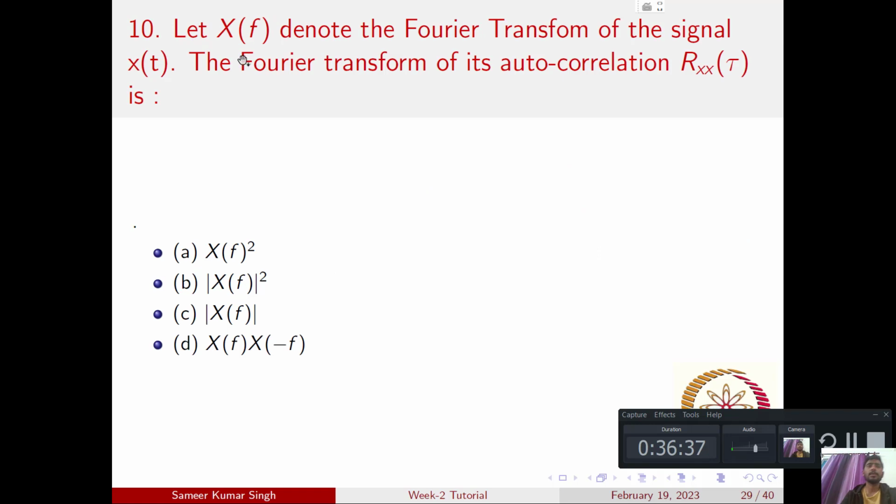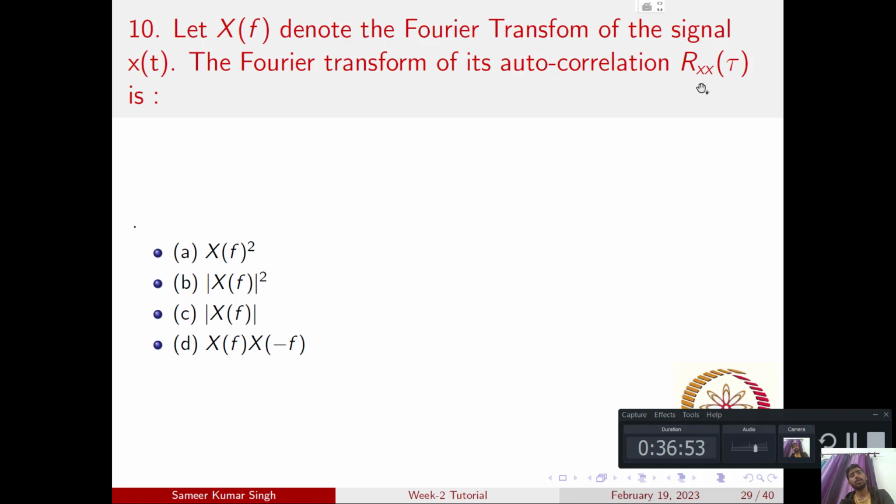That is question number 10. Let X(f) denote the Fourier transform of the signal x(t). The Fourier transform of its autocorrelation is? This symbol represents the autocorrelation, as opposed to cross correlation.